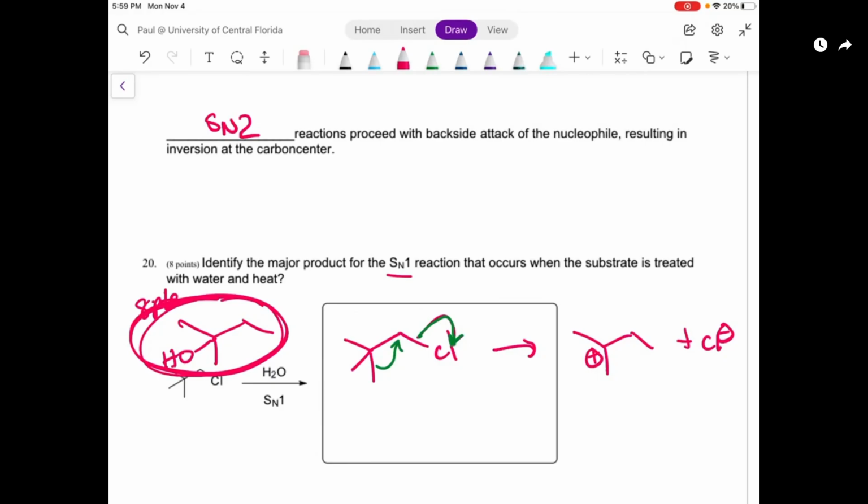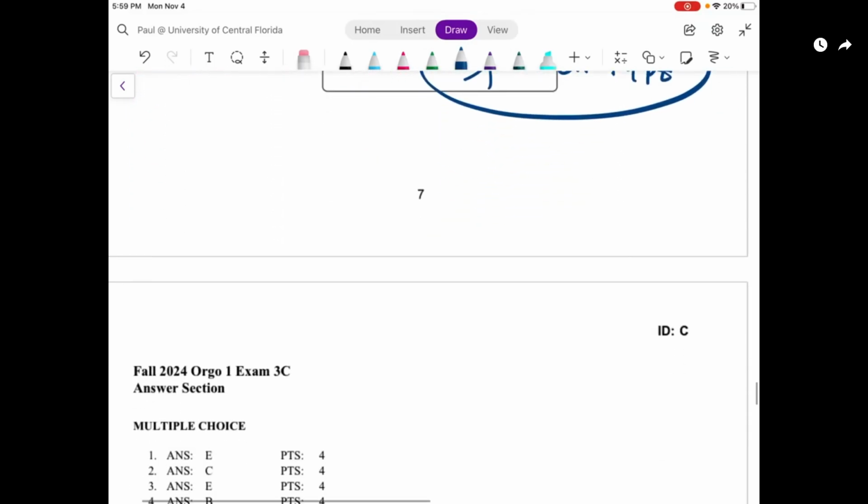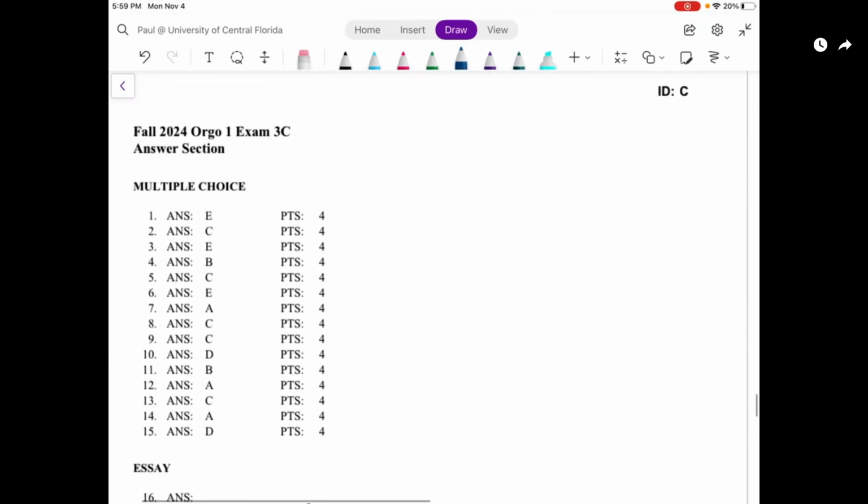If you did this as your product, okay, if this was what you drew as your product, like that, then you would get plus 4 points because you realized that it was a substitution. You just didn't do the rearrangement. Okay? So I hope that is helpful. And if you want to just see all the answers right there for the multiple choice, there they are.